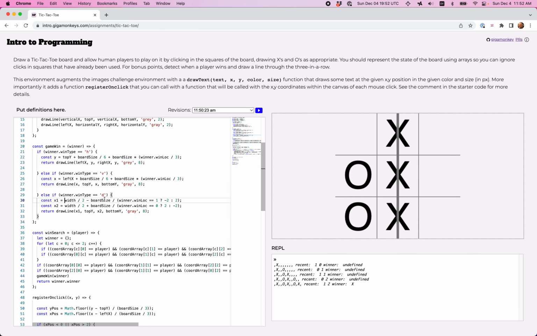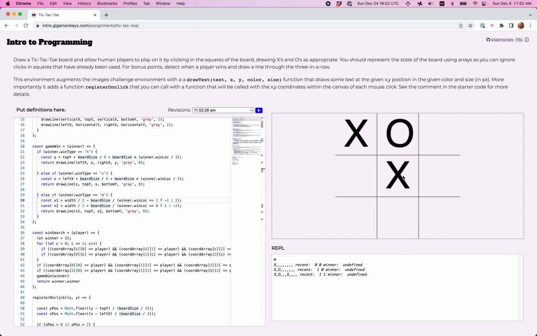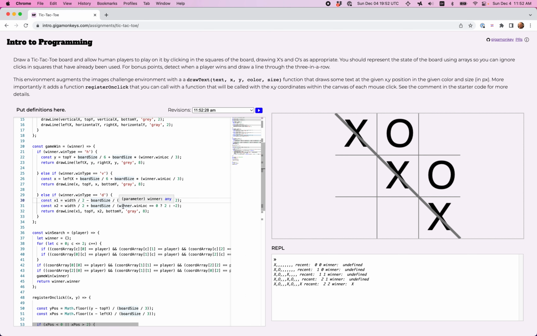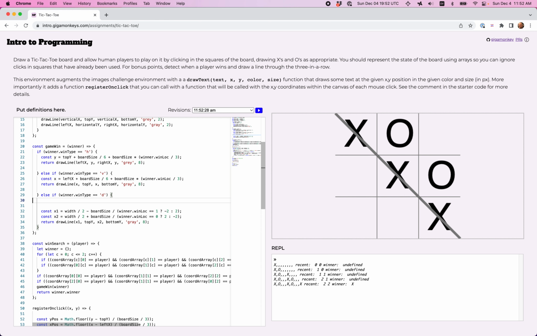Okay, so that means our first x, oh, and I think actually, no, maybe it is. Let's check it out. So it's basically, yeah, it really is just the top left. Okay, so like I said, I'm going to do this from first principles.